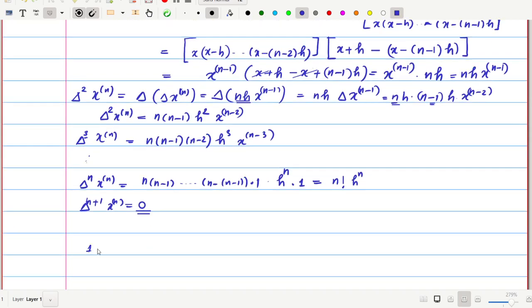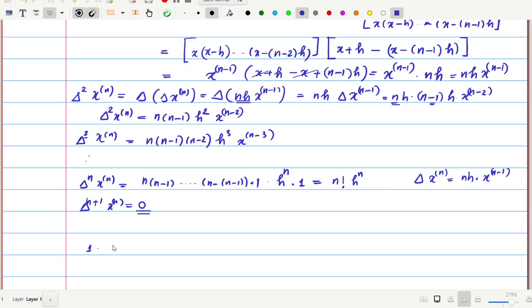The first one is that forward differencing is analogous to differentiation. When you consider the first formula, delta of x raised to n, in terms of h n times x of n minus 1, this is analogous to n times x raised to n minus 1 with differentiation.